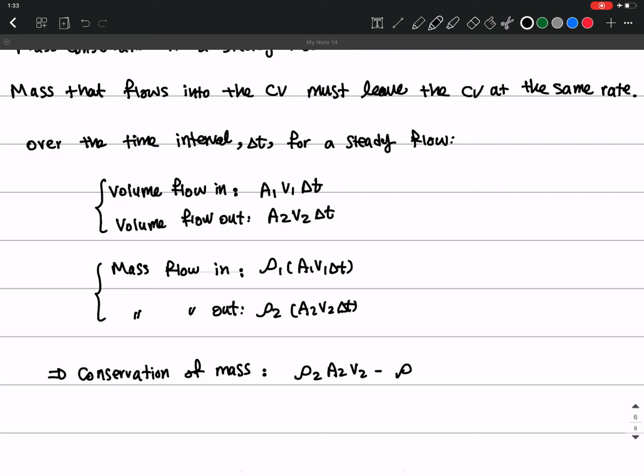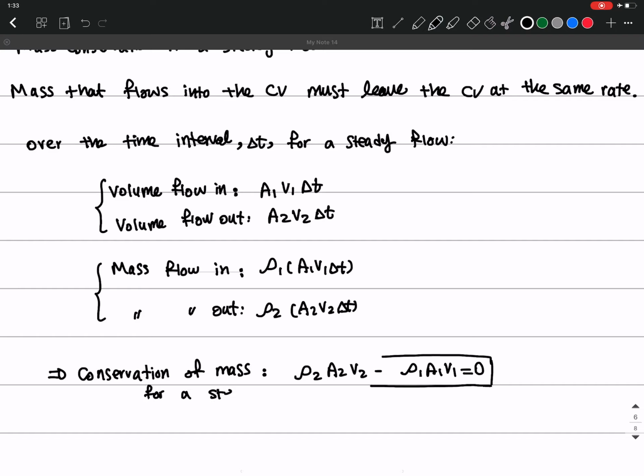Minus the mass that goes in, which is rho 1 A1 V1, equals 0. Okay, so this is the conservation of mass for steady flow.